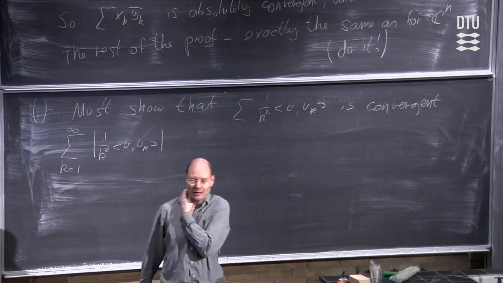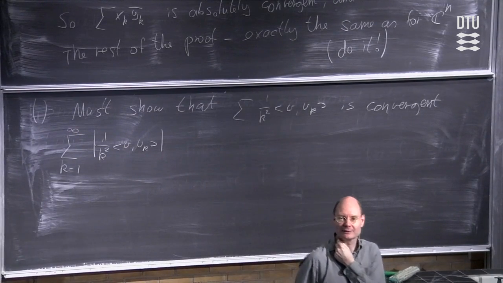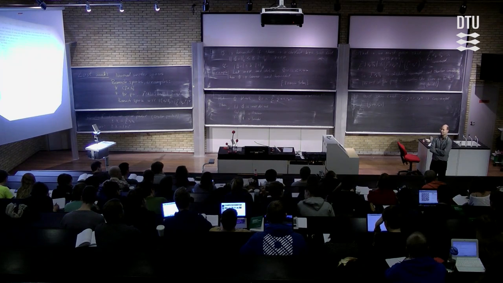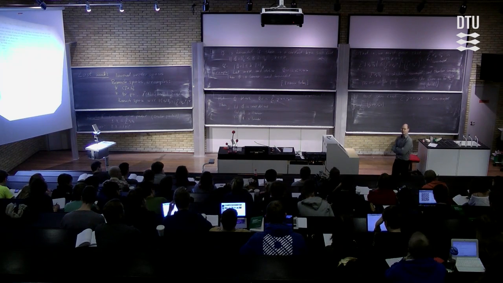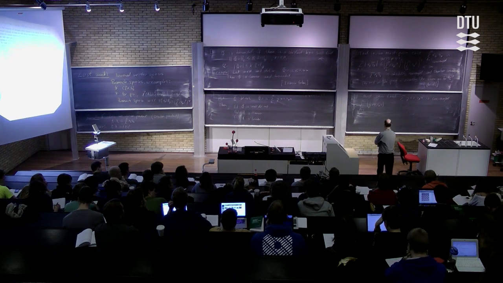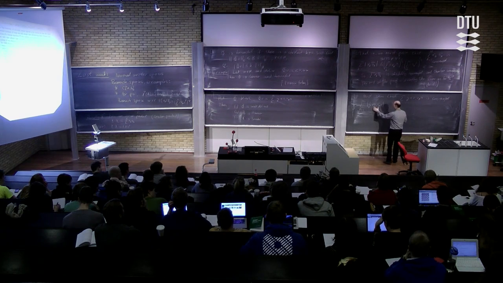Can any of you tell me, how can we manipulate this to show that this is actually finite? Rune, you have an idea? Yeah, I think that the inner product is less than or equal to 1. So you can say that. So you want to do something with the inner product.